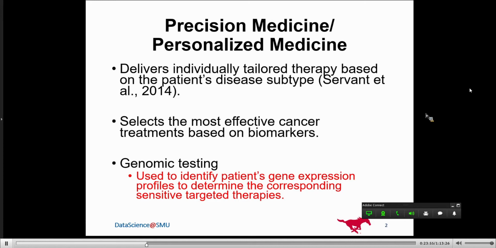It means deliver individually tailored therapy based on the patient's disease subtype. It allows the selection of the most effective cancer treatments based on biomarkers. And genomic testing is used widely to identify patients' gene expression profiles and determine the corresponding sensitive targeted therapy.